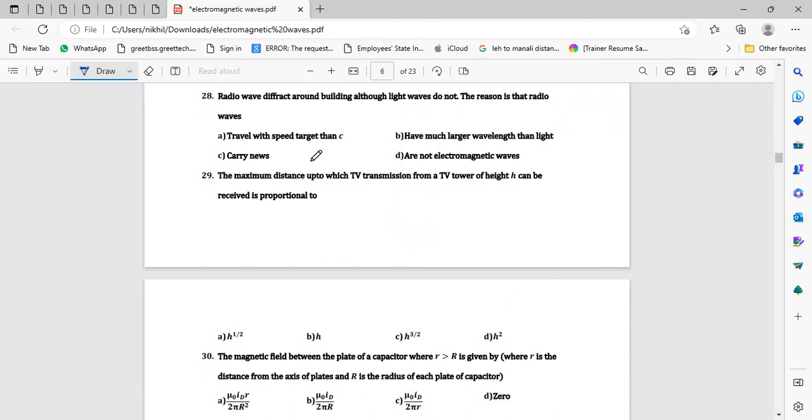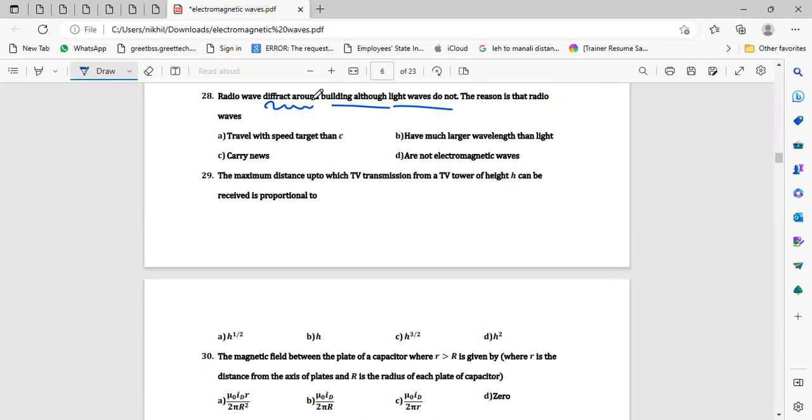Look at this question. Radio wave is going to diffract around the building though the light waves do not. Radio wave can diffract, but the light wave cannot get diffracted. What may be the reason they are expecting?